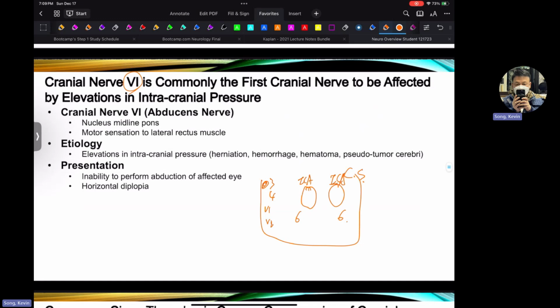Okay. So if the intracranial pressure is high, then this will be damaged. So no, sorry. So this will be like a kind of pressure is high. That means this may rupture, something like that, right?